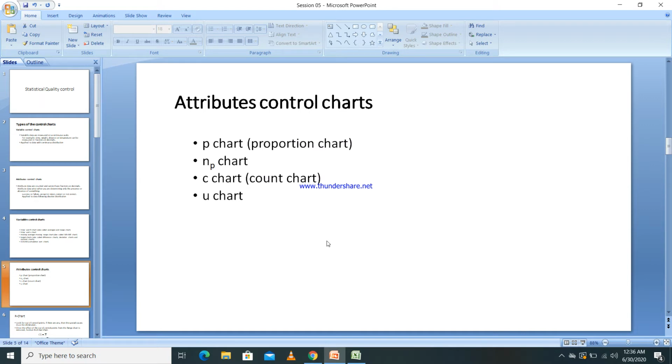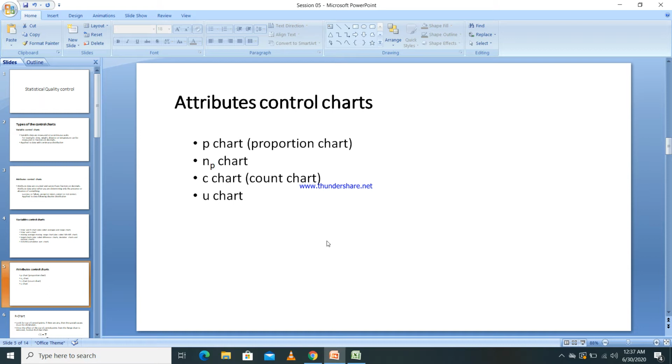When it comes to attribute control charts, again you have the P chart, NP chart, C chart, U chart, and so many more. When you say the P chart, you are considering the proportion. It can be the proportion of defectives, or the proportion of accepted items.